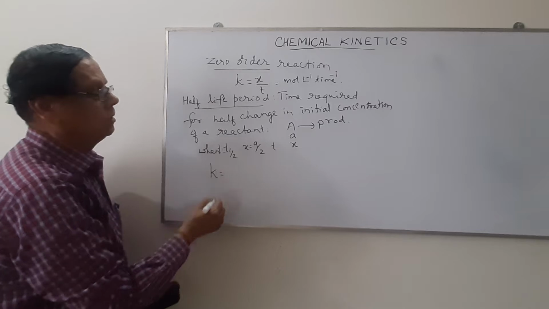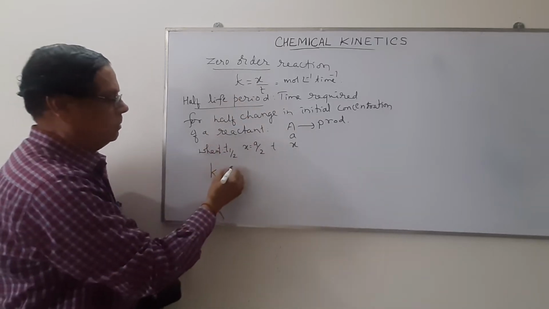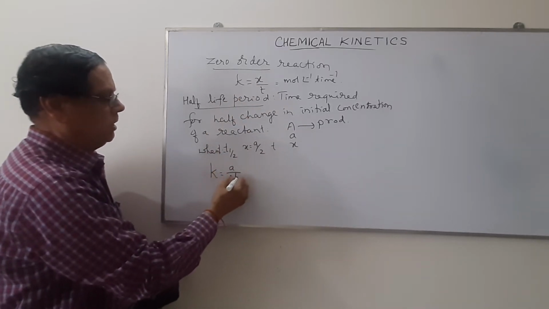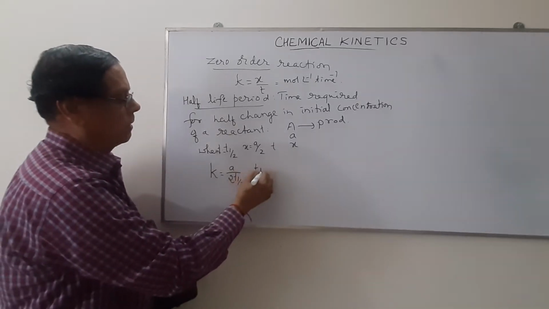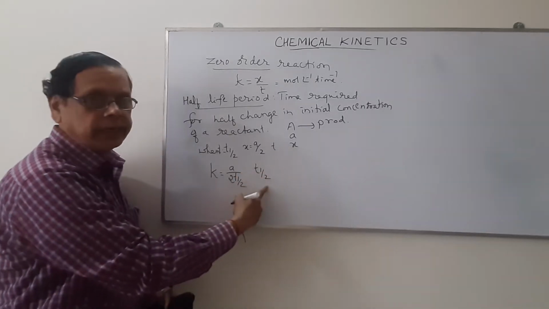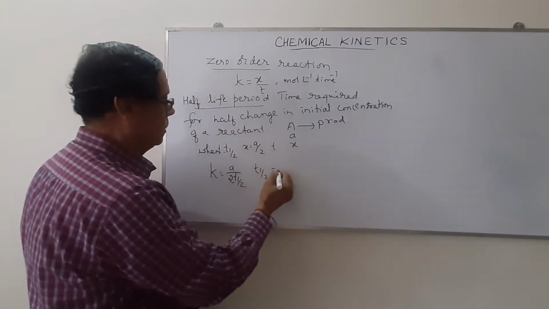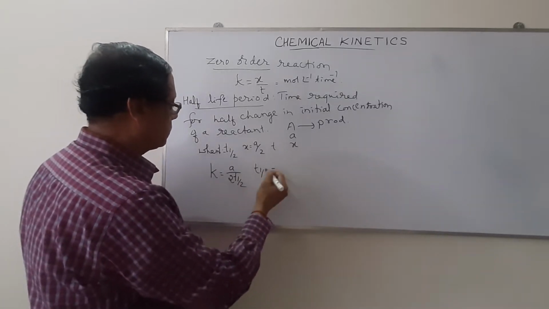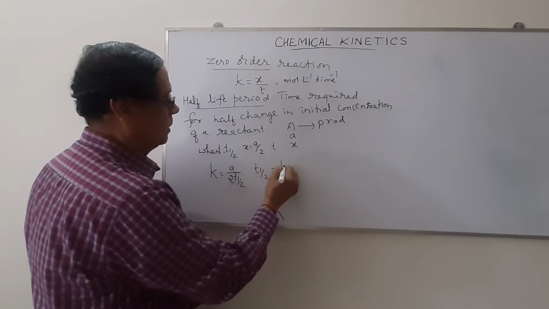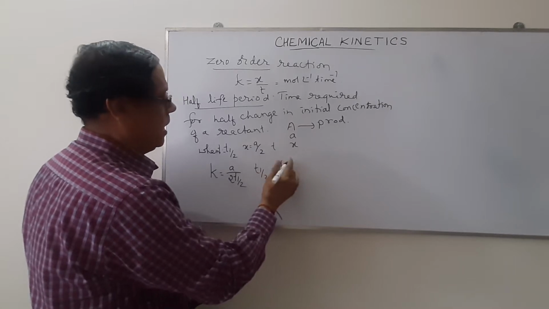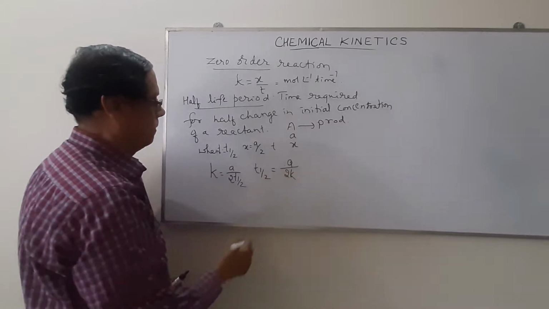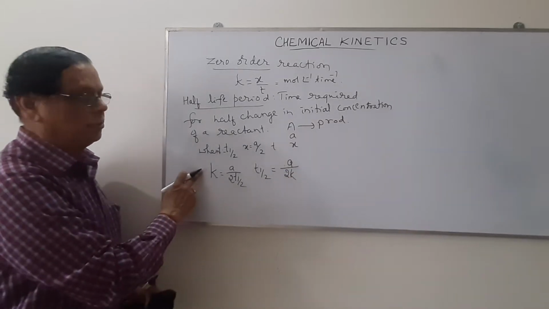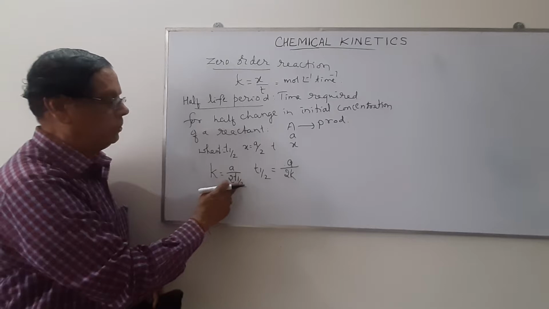K is equal to X, which is A by 2, and T becomes T half. Therefore T half, that is the half-life period, will be equal to A by 2K.